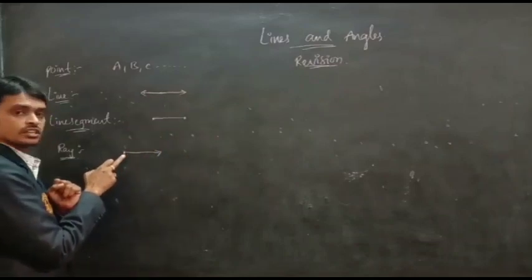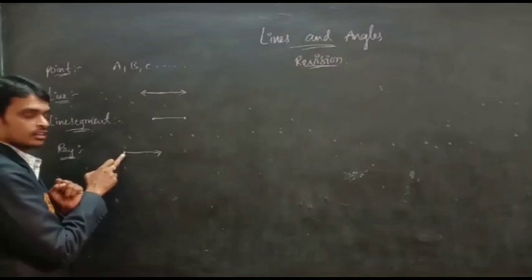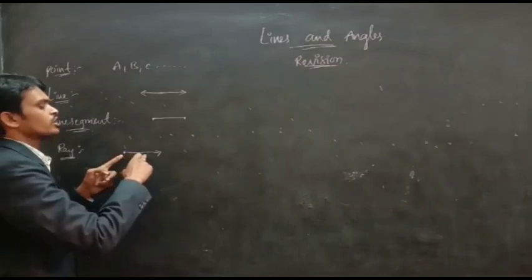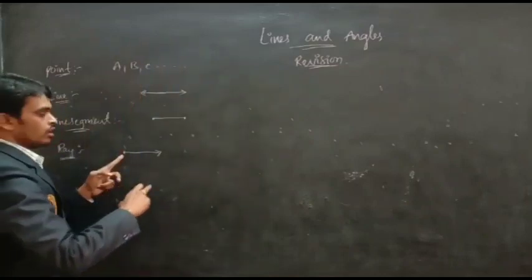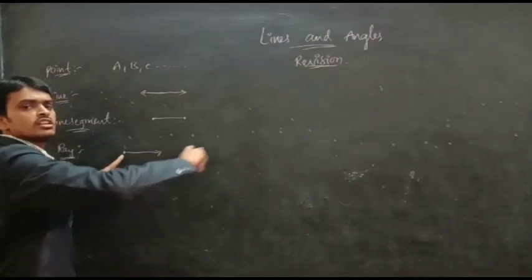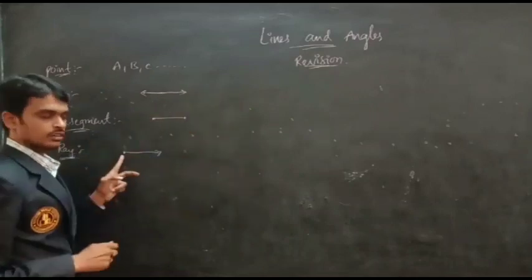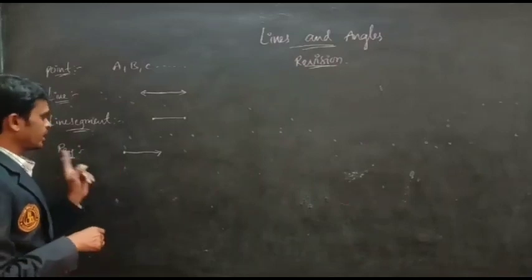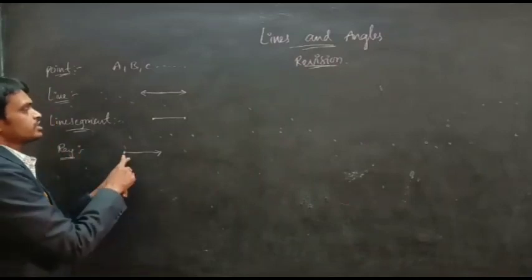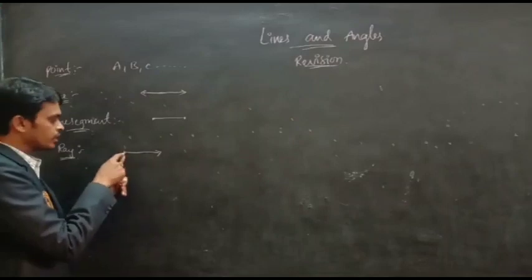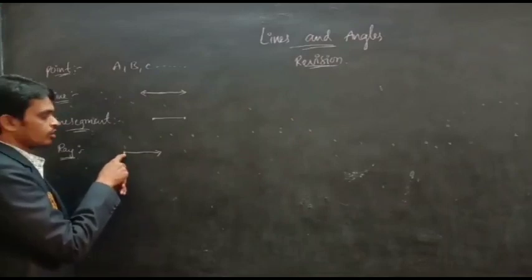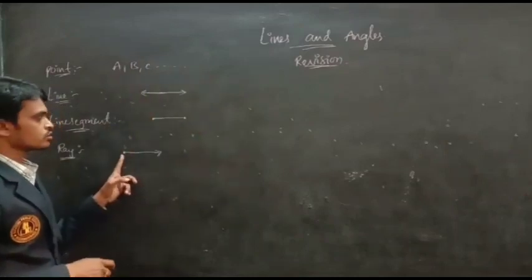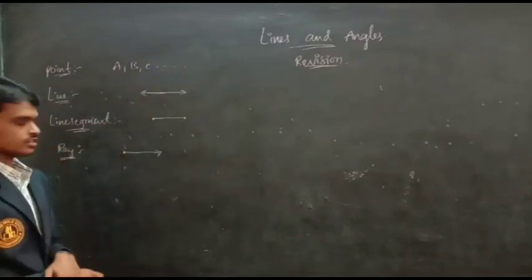It begins at a point and extends endlessly in a specific direction. So a ray has one end point.